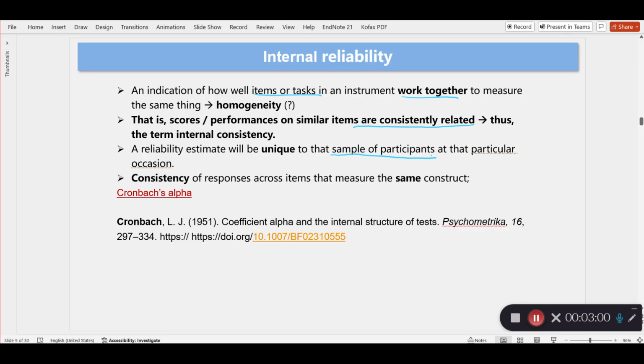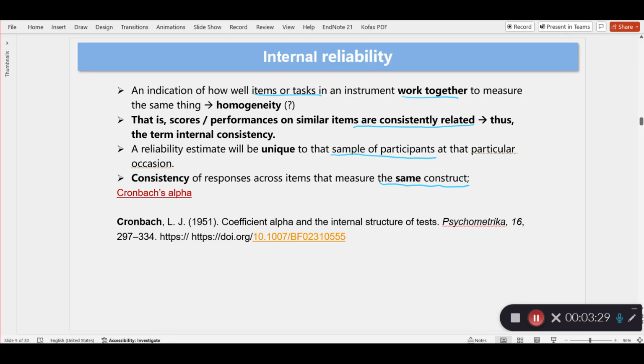The next thing is that consistency of responses across test items that measure the same construct is the center of attention. In other words, we need to make sure that the instrument is measuring the same construct. All of the items must load on one specific construct or one specific factor, in other words.